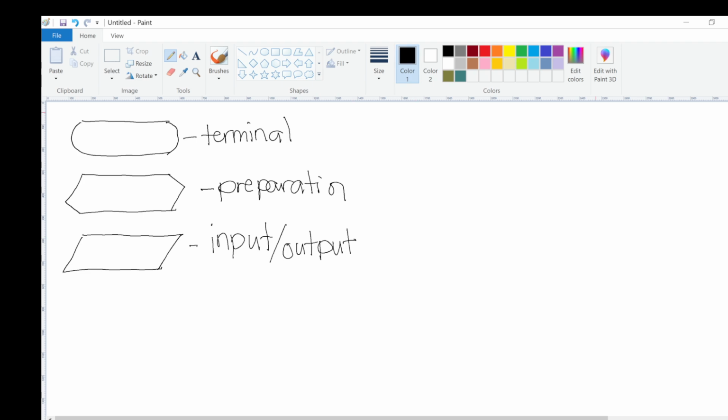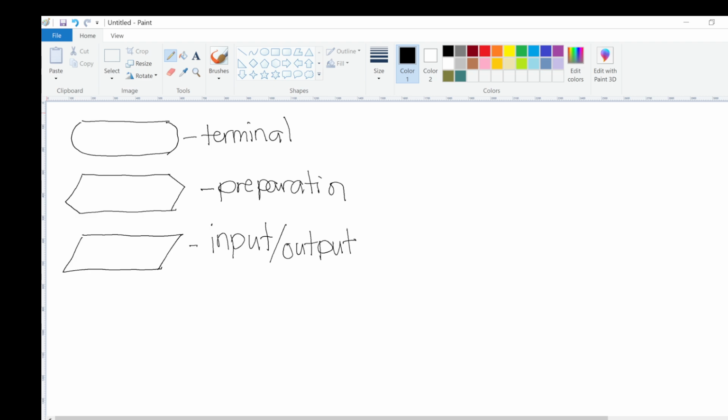The input output symbol is used to show where the program takes input from the user or gives output to the user. For instance, when you type your name in a program, it's input. If the program shows a message on the screen, that's output.